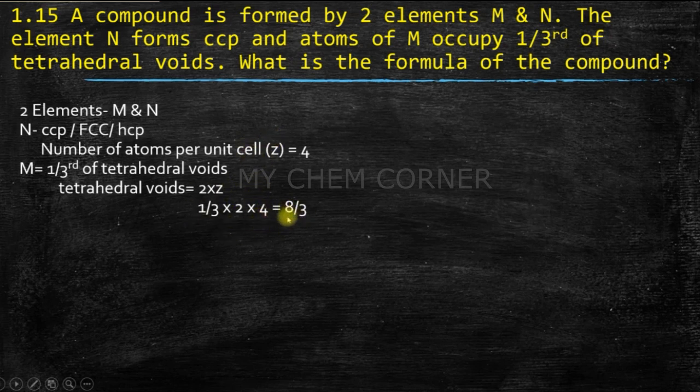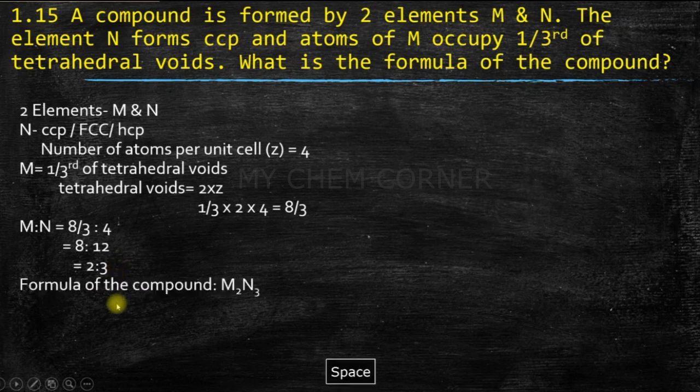When we simplify this, we'll get 8 by 3. Now for the ratio, 8 by 3 is for M and 4 is for N. So when we put it as a ratio, it's going to be 8 by 3 is to 4. Multiply by 3, you get 8 is to 12. Make them into the simple ratio, you get 2 is to 3. Therefore, the formula of the compound is M2N3.